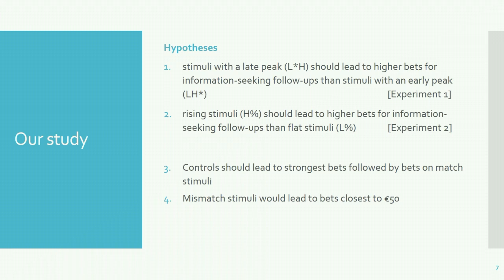In experiment 2, we hypothesized that rising stimuli should lead to higher bets for information-seeking follow-ups than flat stimuli. For both experiments, we expect controls to lead to strongest bets followed by bets on match, and for mismatched stimuli, we expect that bets should be around 50. Let me now show you the task.